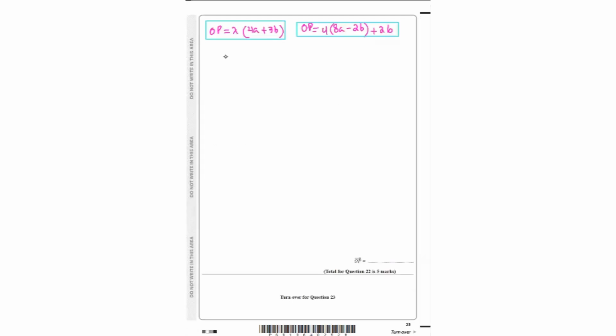What we'll do is we'll put these two equations equal to each other to figure out the value of lambda and mu, and then that will further help us in figuring out what the vector OP is. So lambda times 4a plus 3b is equal to mu times 8a minus 2b plus 2b.